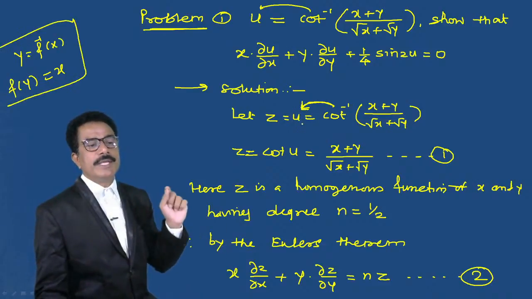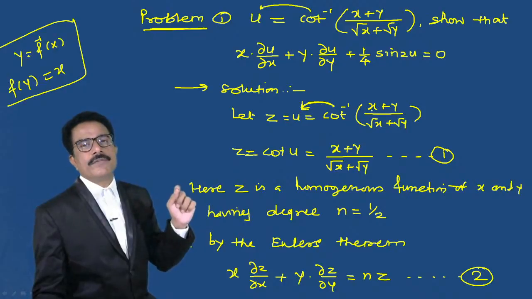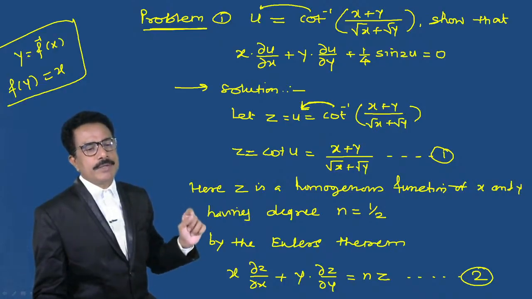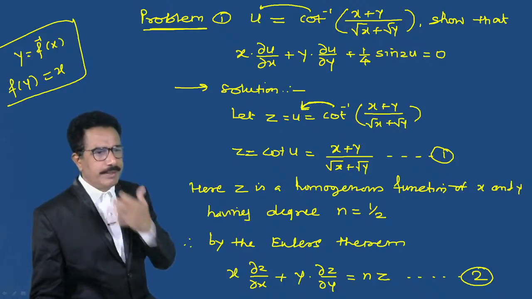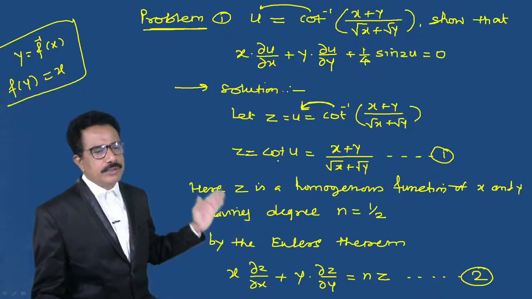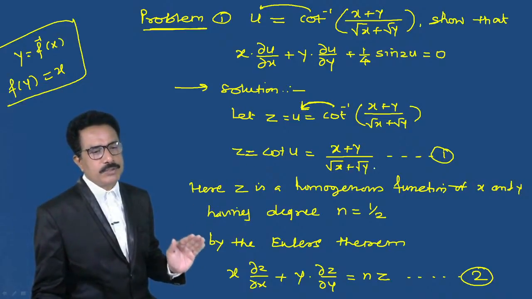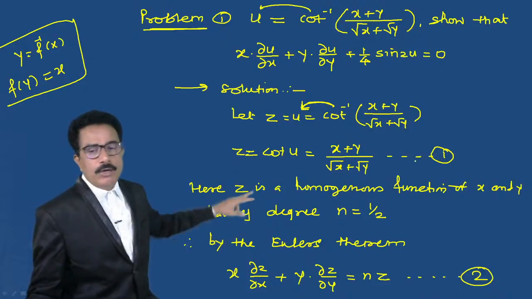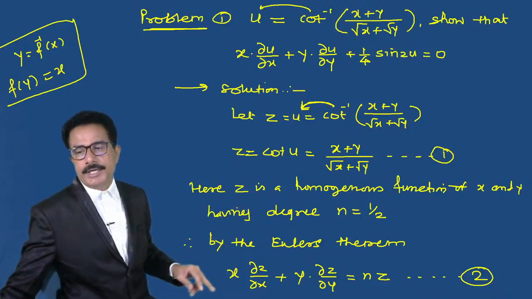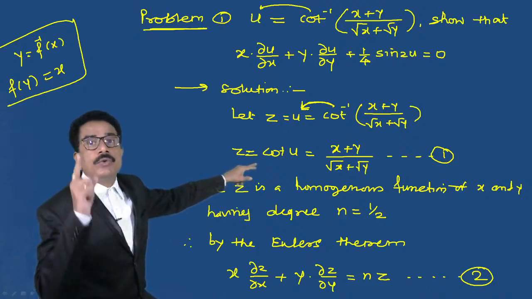So in this way we can write, suppose u is equals to cot inverse of x plus y divided by root x plus root y, then we can write cot inverse of, that is we have considered z is equals to cot u is equals to x plus y upon root of x plus root of y. Suppose this is 1. Now this given function 1 is a homogeneous.